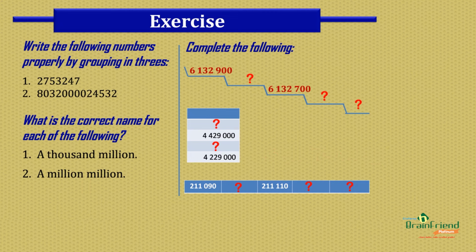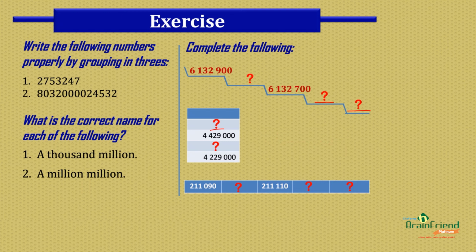For this exercise, the instruction says complete the following. In the place of our first question mark, we have 6,132,800. In the place of our second question mark, we have 6,132,600. And in the place of our last question mark, we have 6,132,500. For the next set of numbers, in the place of our first question mark, we have 4,529,000.